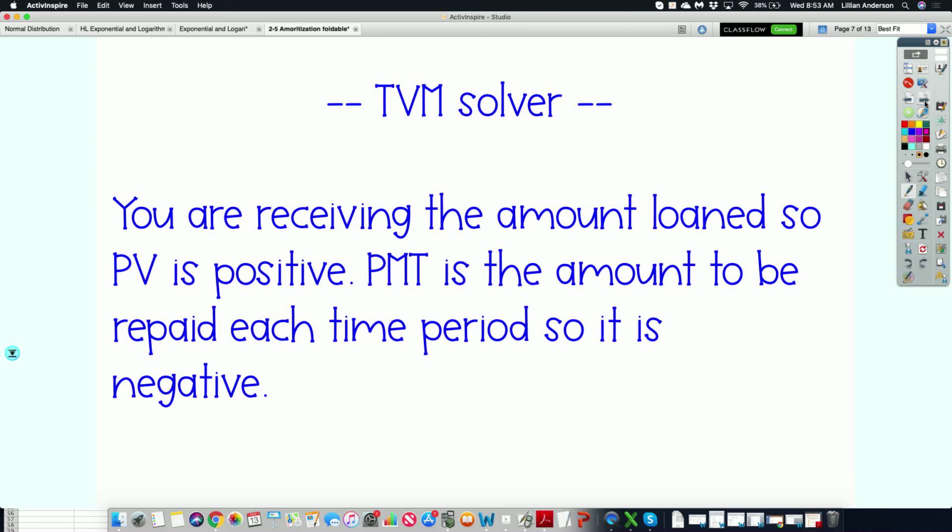When we were doing compound interest last time, anytime we put in money, it was a negative number. So anytime money is coming out of your pocket, it's always negative, but anytime money comes into your pocket, it's always positive. So since we're receiving the loan, it's positive, but since we have to pay, the amount is going to go in as a negative in your calculator, but it's always going to be a positive number when you write the final answer.